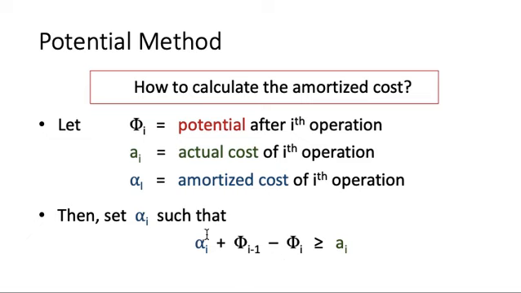We hope that alpha_i plus whatever we can take from the bank is greater than or equal to, that is, enough to pay for the actual cost of the operation a_i. So this is very natural, right? We have already fixed phi of i minus 1 and phi of i because we have fixed the potential function, and we know the actual cost of the i-th operation. Based on this inequality, we know how to set alpha_i.